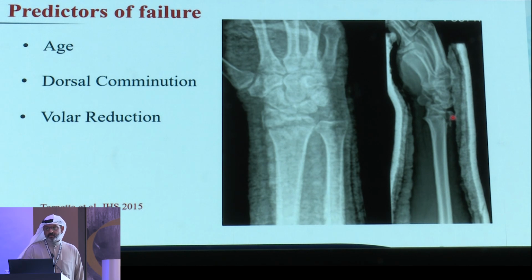But believe me, down the road, the fracture will displace after the swelling comes down. And the third one is volar reduction. You have to have cortex contact after reduction. If you see here, there is no cortex contact. So these are the predictors for failure of your reduction for a distal radius.